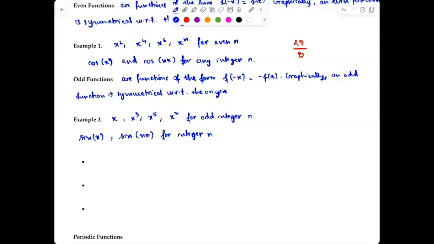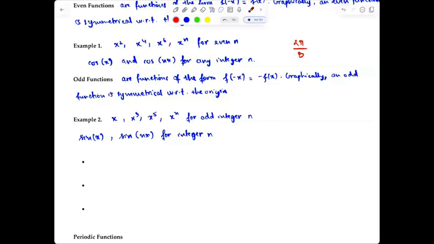To find the periods, you use the same formula, 2 pi over B, for B the constant in front of x. So sine of x has period 2 pi, and sine of nx has period 2 pi over n, because the constant in front of x is n in this case.